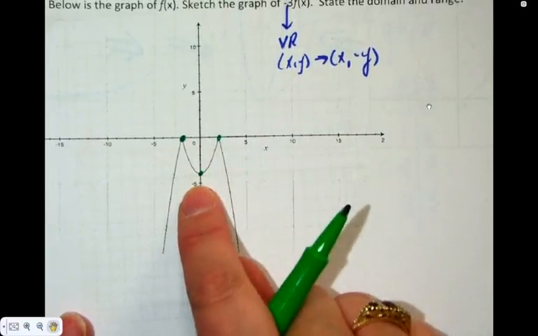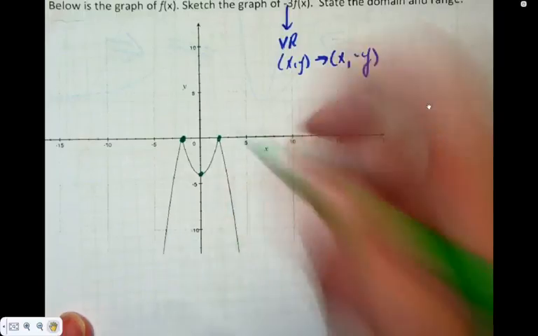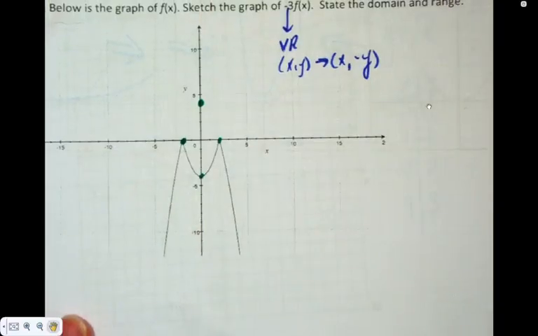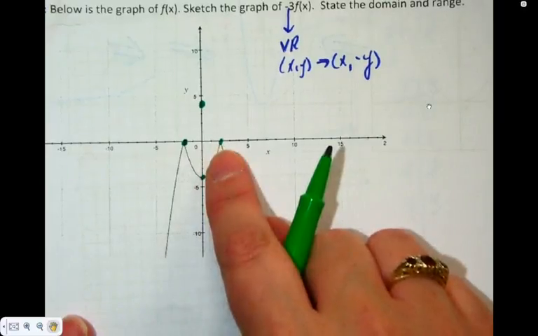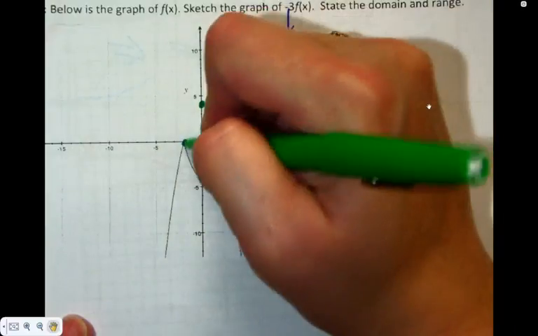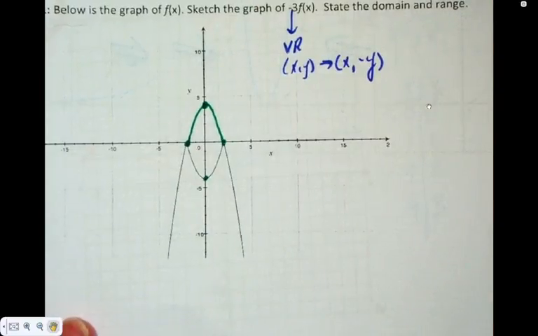What are the current coordinates? 0, negative 4. So they're going to become 0, 4. And 2, 0 is going to become 2, 0. So I know that little bump now is going to be above the x-axis instead of below because I did a vertical reflection.